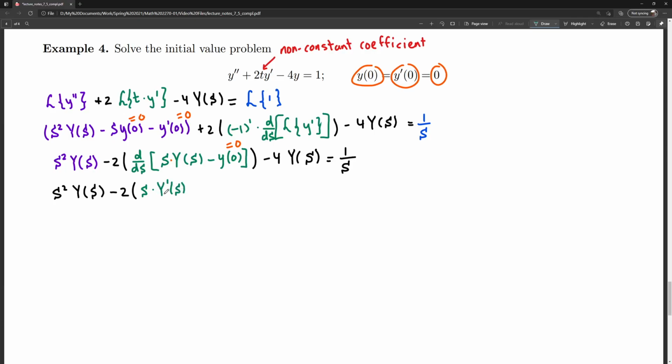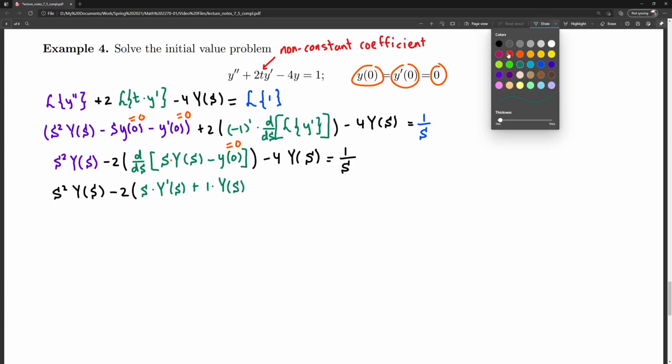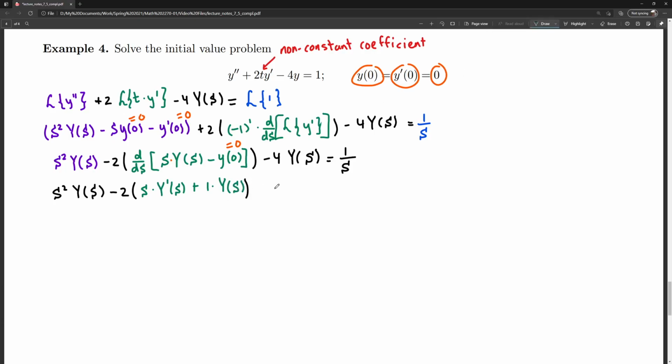Can just write that as Y prime here, and then plus 1 times Y of s. And then minus 4 times capital Y of s, and that equals 1 over s.